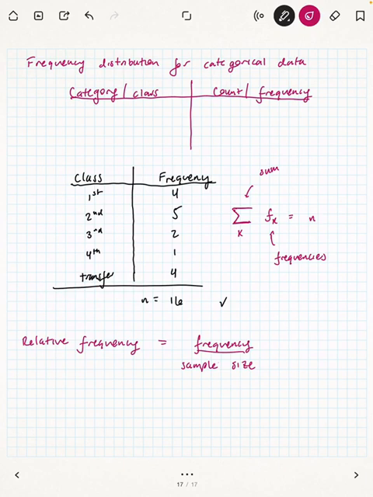So when you're using relative frequency, you probably want to round to the same precision. Typically we'll round to no more than 4 places after the decimal. You can do more than that, but I don't recommend it.